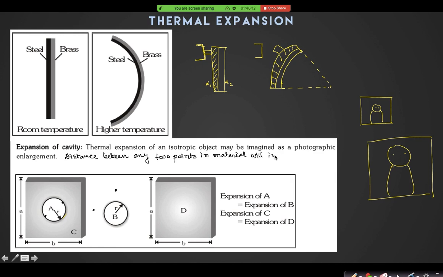So any two points in the material will move apart. These two points are inside the material only, so it doesn't matter what is in between them, whether a gap or material. Otherwise, you cannot say I will take two points in air and they will also increase. That is not happening, right? The points should be inside the material, and that will always increase like this.